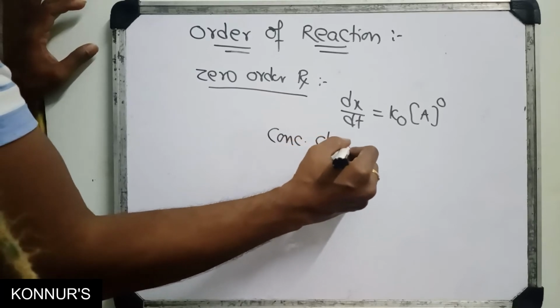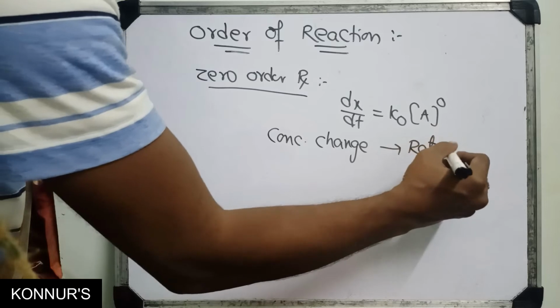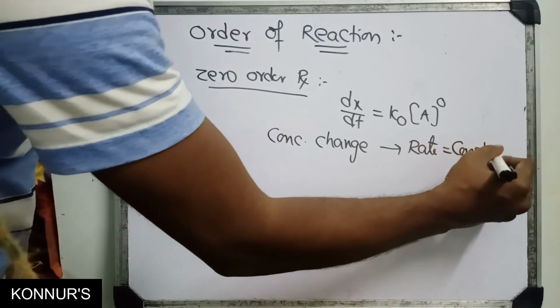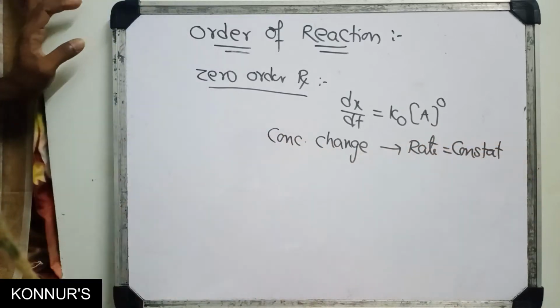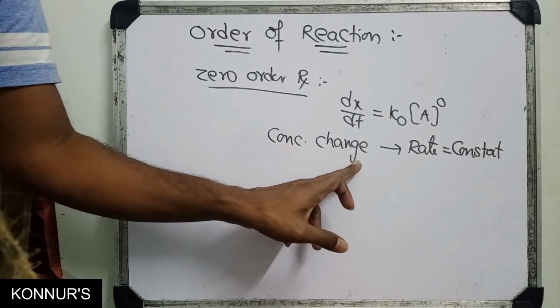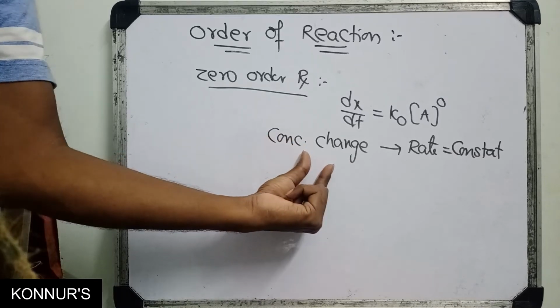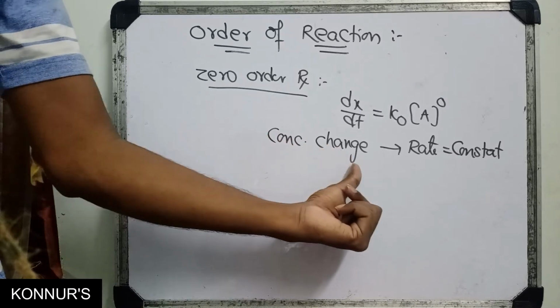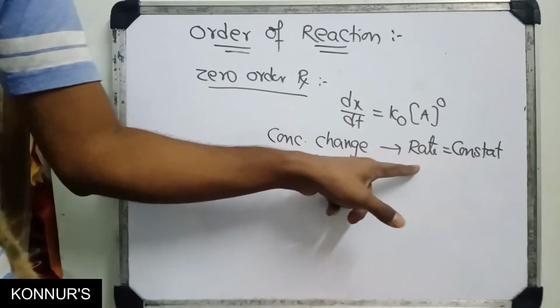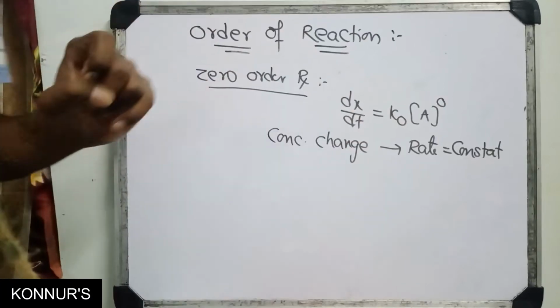Concentration changes, but the rate is constant. In problems they will ask this: concentration at 10 minutes, 20 minutes, 30 minutes, starting with 10 grams, 20 grams, 30 grams, it will change. But the rate constant is always constant, which means it is a zero order reaction.